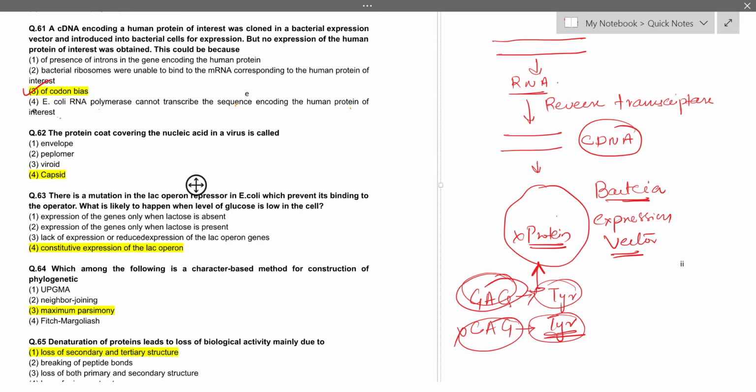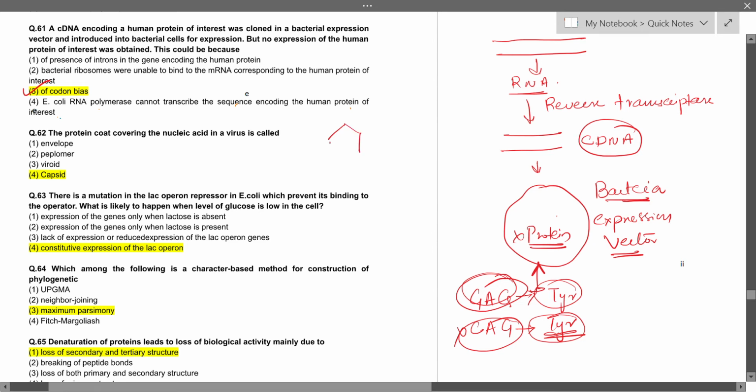Coming to the 62nd question: the protein coat covering the nucleic acid in a virus is called as. Okay, so we see here there is a virus. This coat is made up of protein, and this is called the capsid, and it is made up of capsomeres. It is a protein coat.